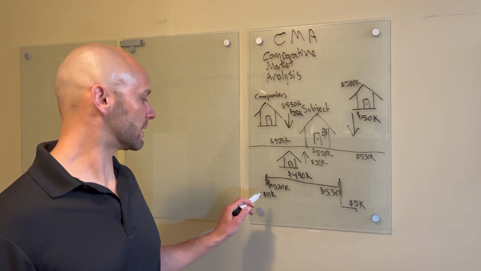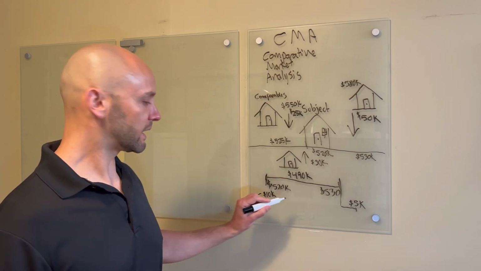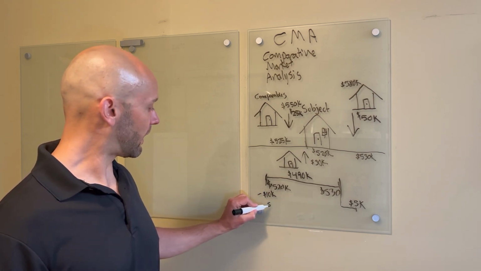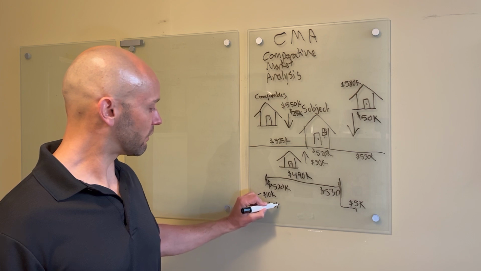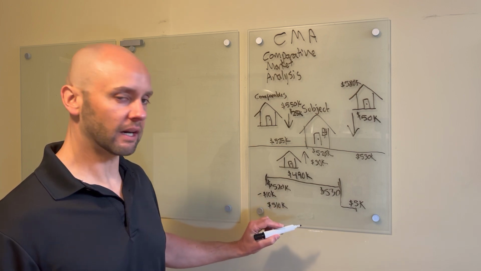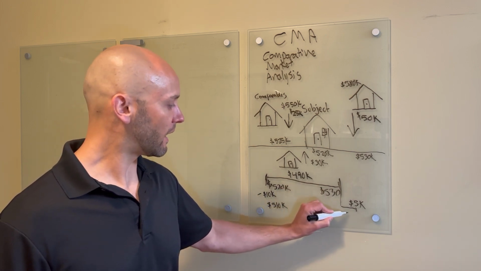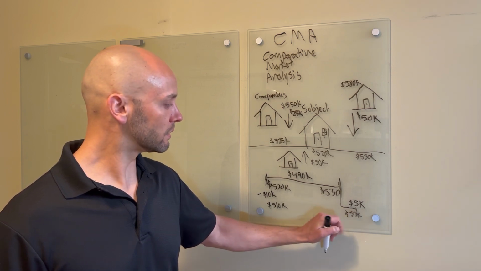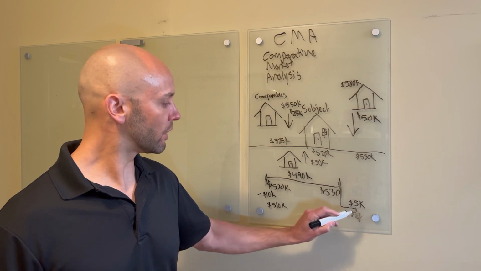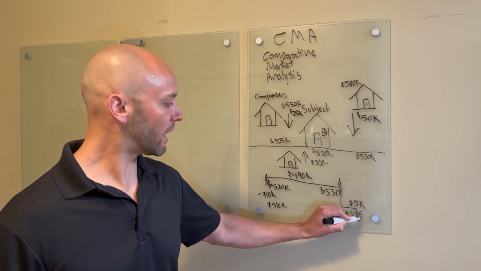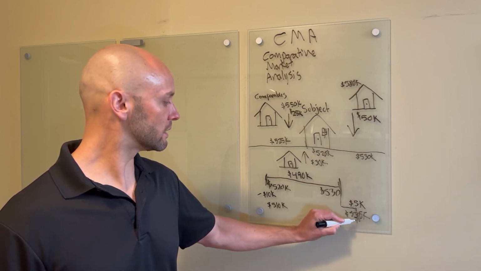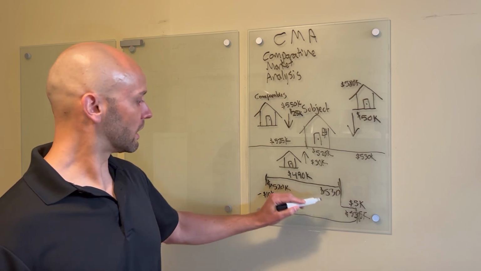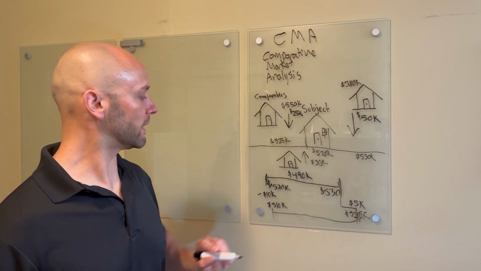There's some unknowns there, and so for that risk, what are we looking at here? We're looking at a realistic range of 510,000 on the low end, and 535 on the top end, right? That's the value for this property.